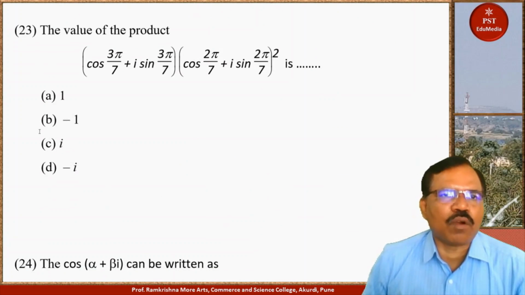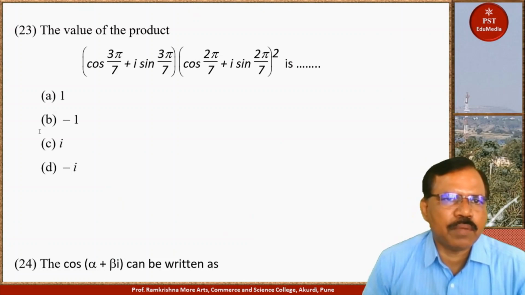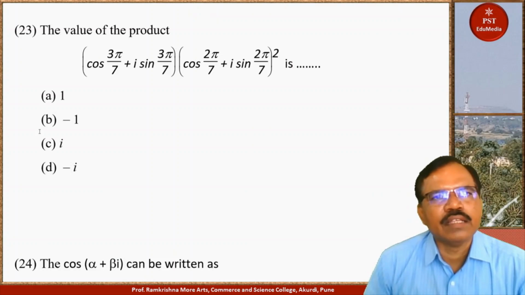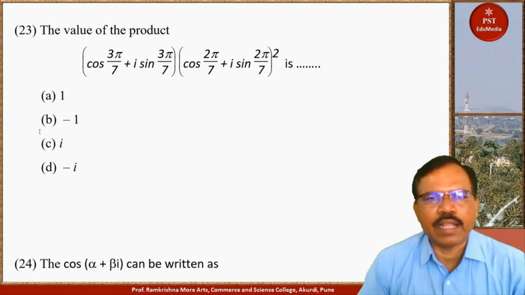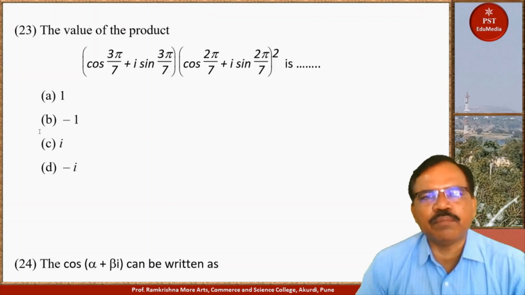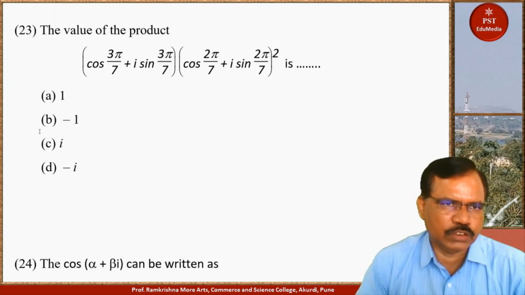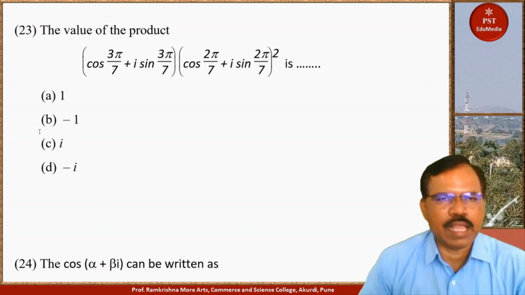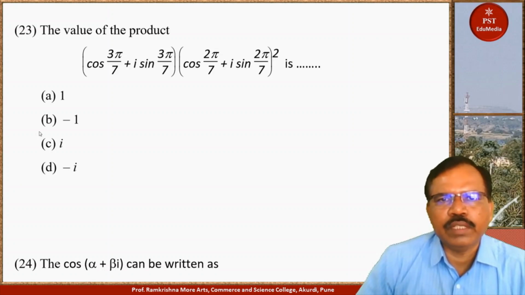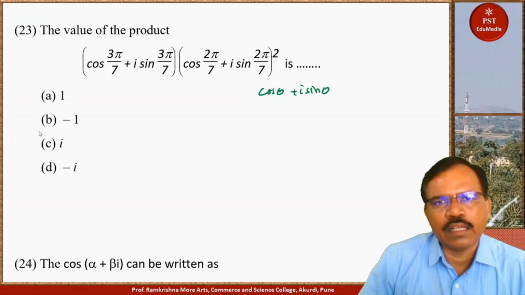Next one. The value of the product cos 3 pi by 7 plus i sin 3 pi by 7, multiplied by, in brackets, cos 2 pi by 7 plus i sin 2 pi by 7, bracket squared, is 1, minus 1, i, minus i. Now see here, we have cos theta plus i sin theta is equal to e raised to i theta.